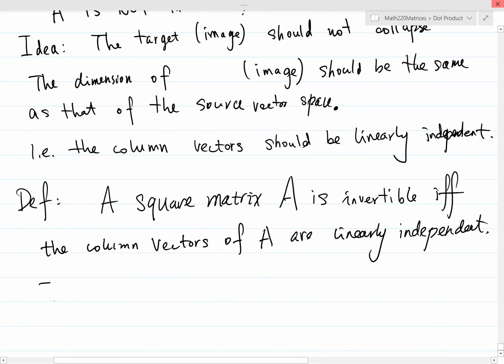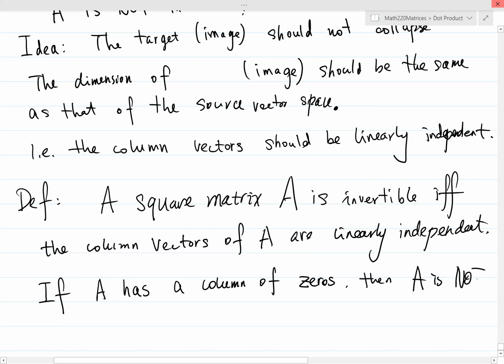So if A has a column of zeros, then A is not invertible.